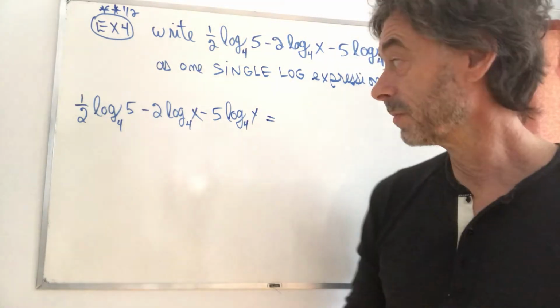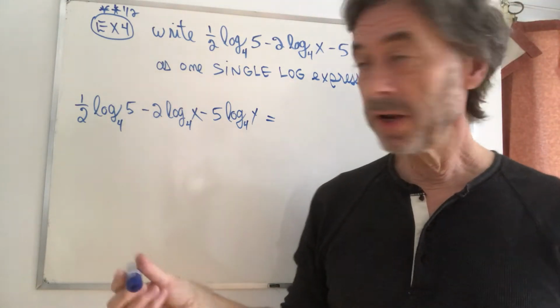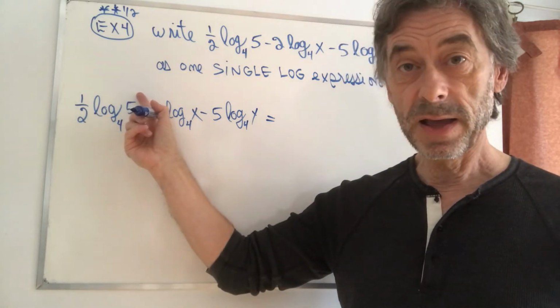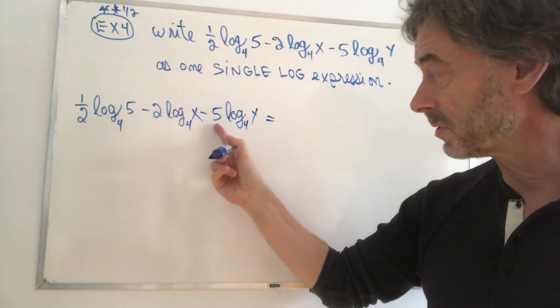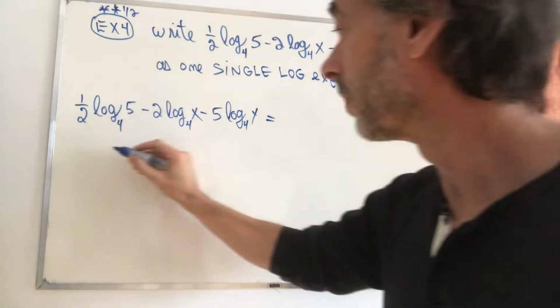What is that equal to? What could we do? Let's work backwards. Starting with property number 3. If I have something in front of the log, it can actually be same as an exponent. Something in front of the log, exponent. So that would be what?